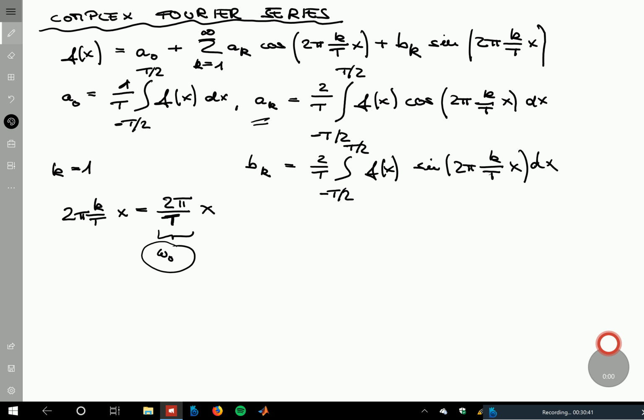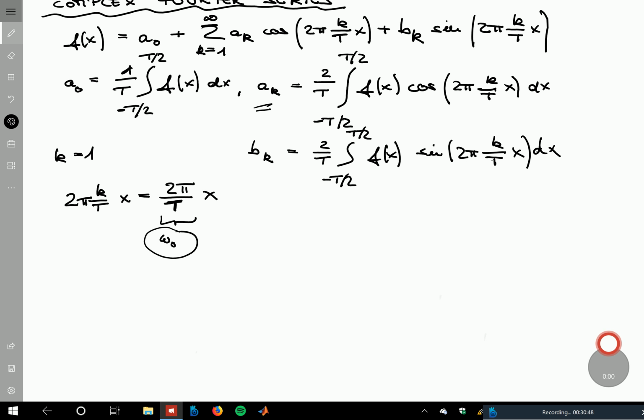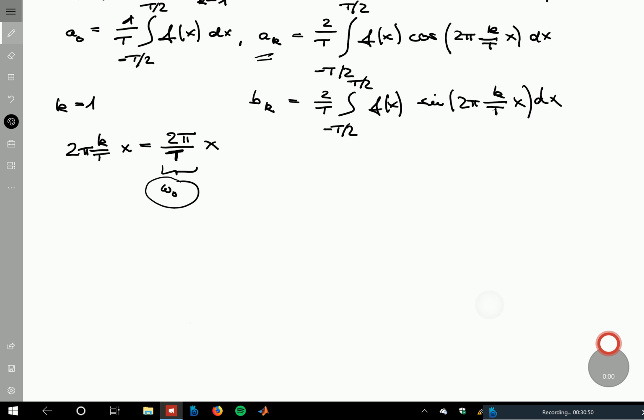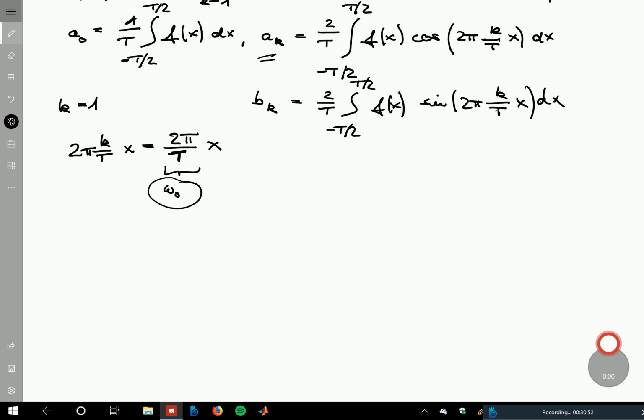It just makes things more concise, and that's how I find it in the books. It's just a notational change, which is a little bit annoying, but not hard.